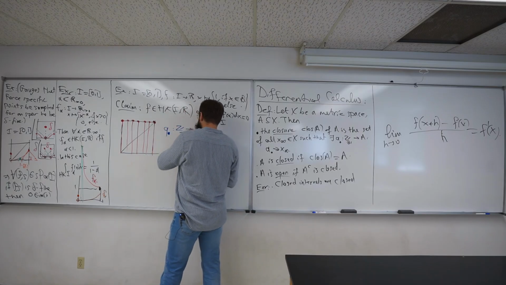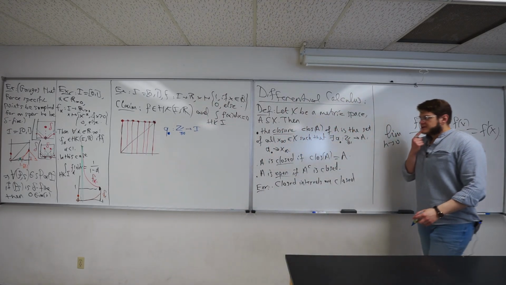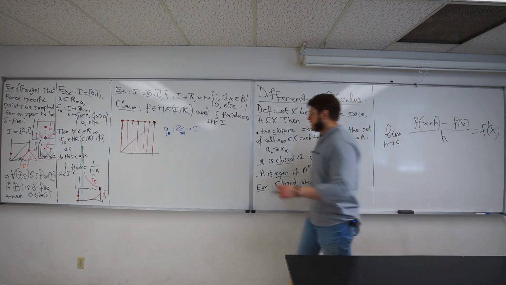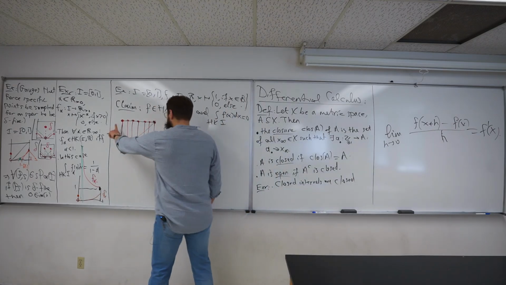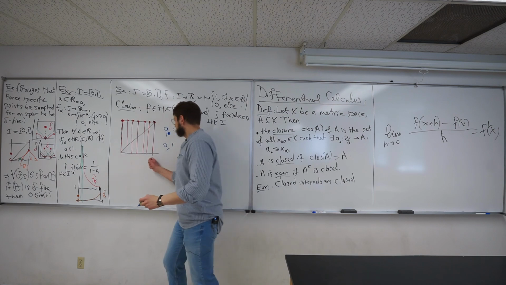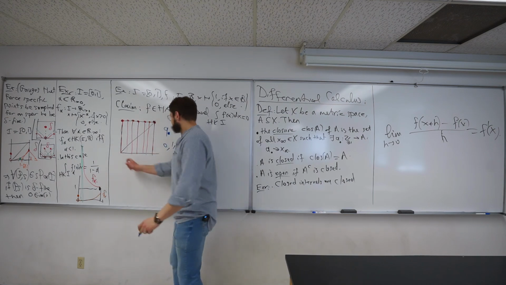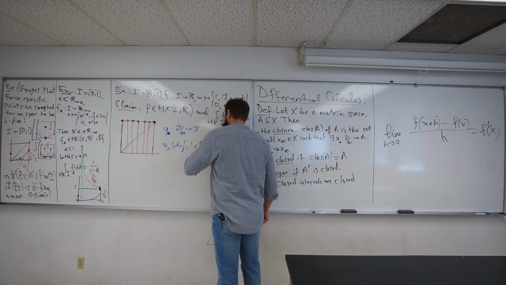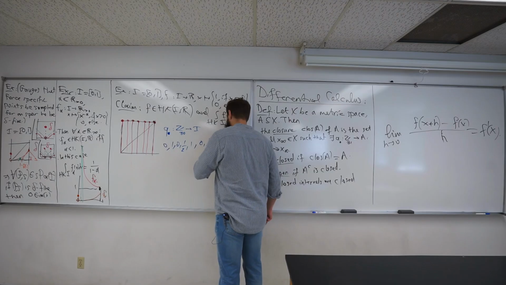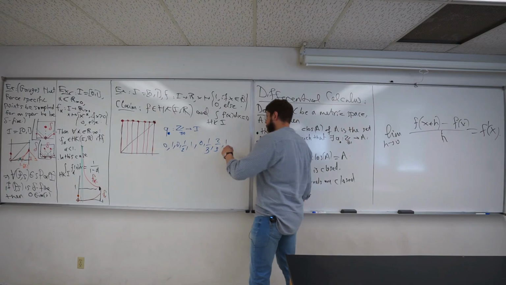Start at 0, go into I, okay? And it's going to be like so, in this order. So, 0, 1. 0, 1/2, 1. 0, 1/3, 2/3, sorry, and then 1. And then 0, 1/4, 2/4, 3/4, 4/4.